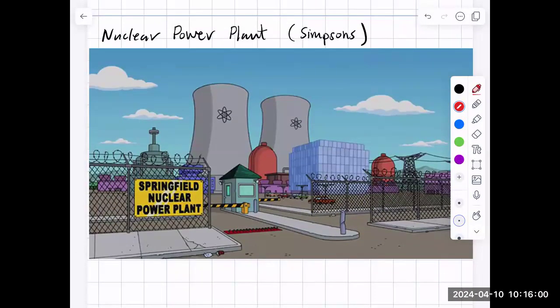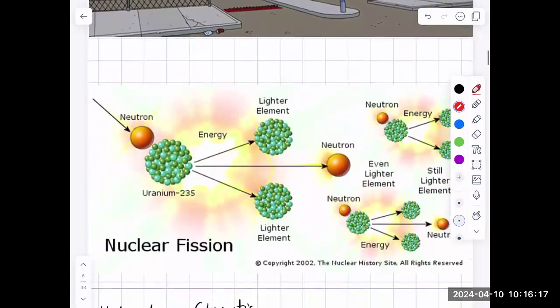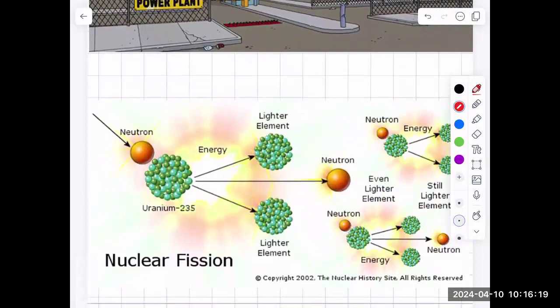The only difference between, say, a coal plant and a nuclear plant is how they heat the water to make the steam that spins the turbine. So here's the nuclear power plant from Springfield in The Simpsons. And I won't show you the details of what's inside, but a lot of it is similar to what we see in the coal plant, except for what they do to heat the water.